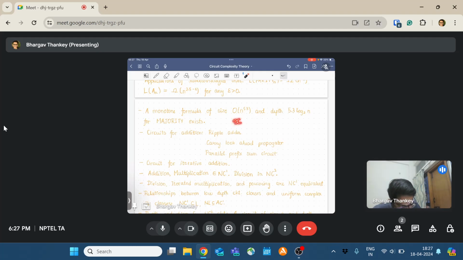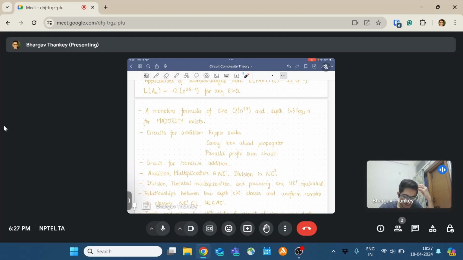And x is greater than or equal to y whenever, for all i such that yi equals 1, xi should also be 1. So if you compare xi and yi coordinate-wise, every coordinate of x should be greater than or equal to the corresponding coordinate of y. And we saw that any monotone function has a monotone circuit, and every monotone circuit computes a monotone function.